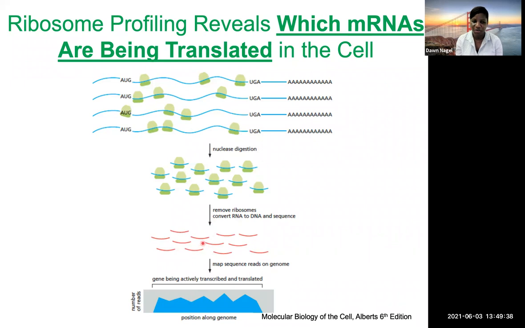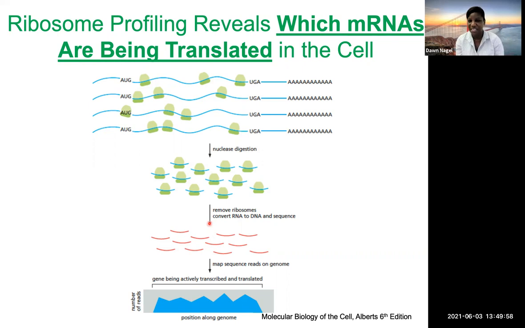So you know which mRNAs were being isolated, that were being translated. And you can also map them along the genome so you can see the regions in the genome that are being actively translated. Yeah. Another very powerful method to looking at translation and what's being translated, right?